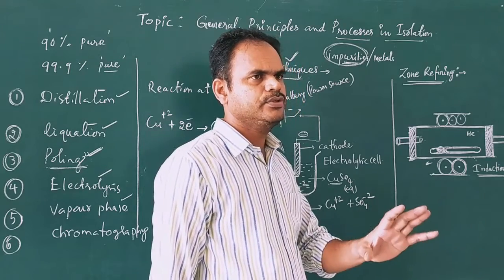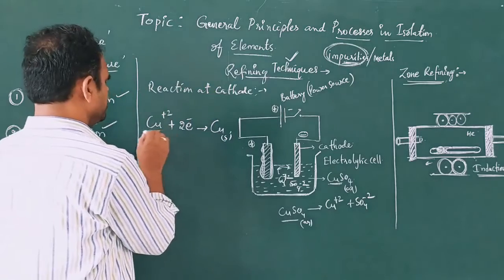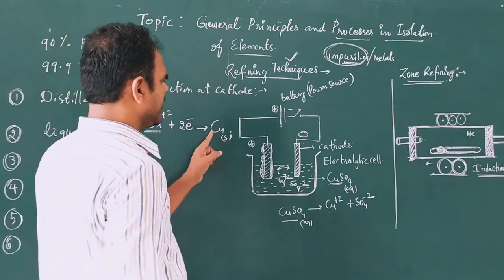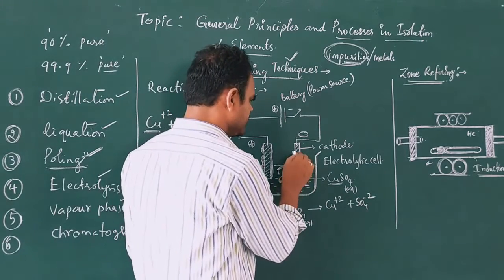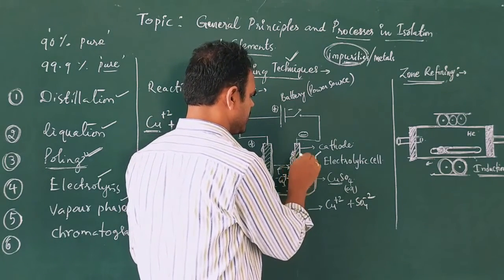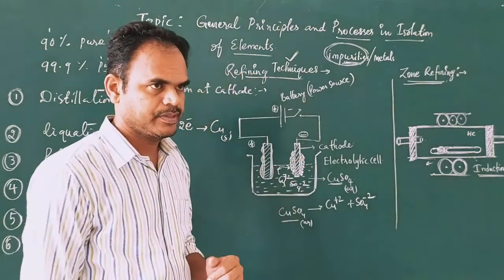The cupric ions undergo reduction on the cathode. All the cupric ions from the solution are deposited on the cathode.